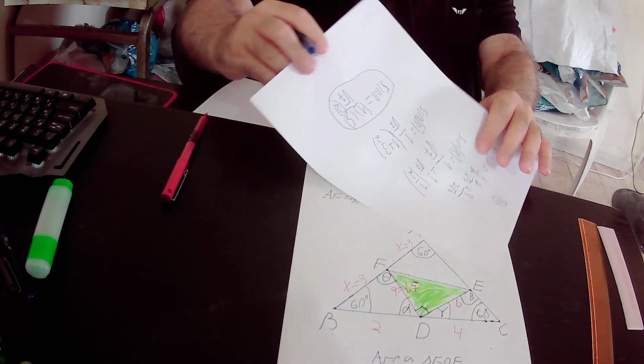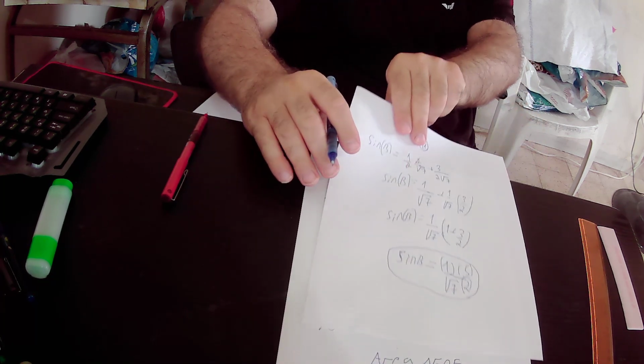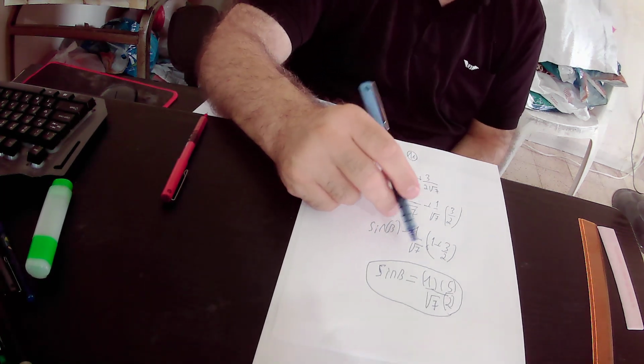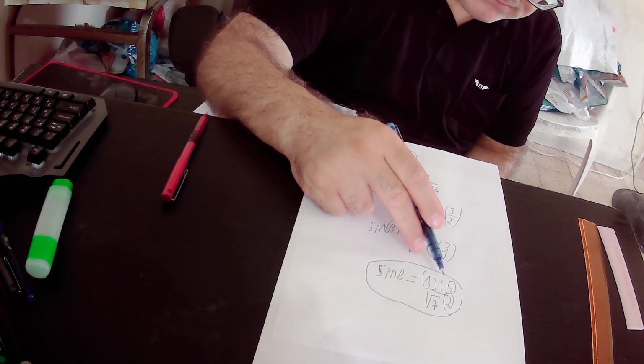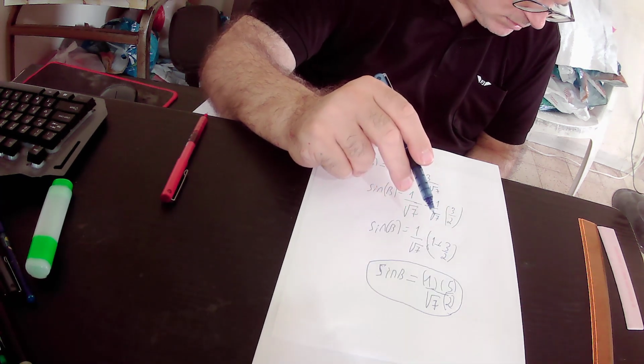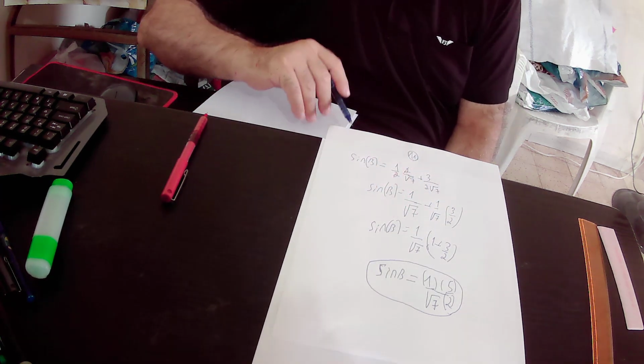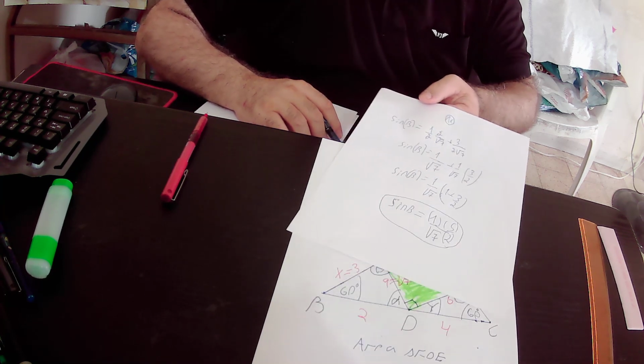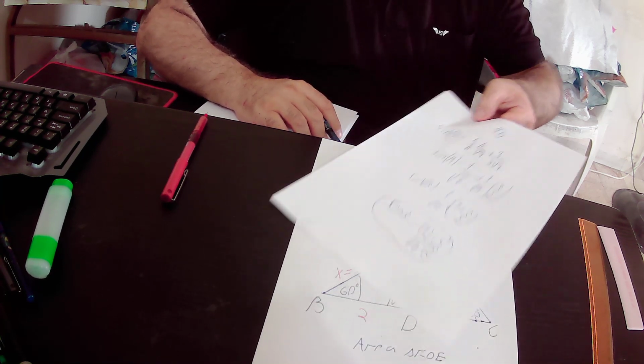So we actually got the value of sinus beta that equals to 5 over root of 7 times 2. Okay, so we found out the value of sinus beta.